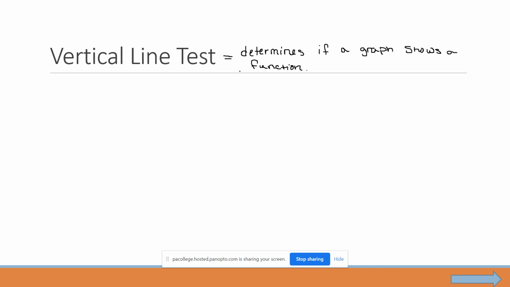So the way to use the vertical line test is, for a function, a vertical line will only intersect the graph once.